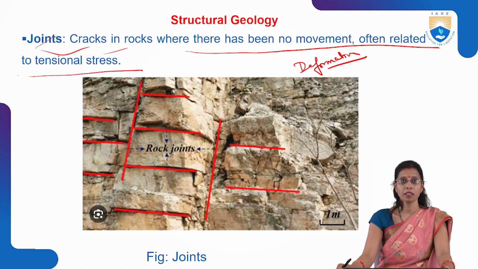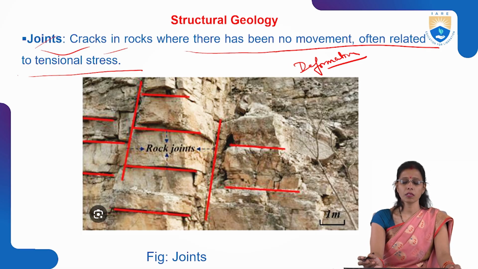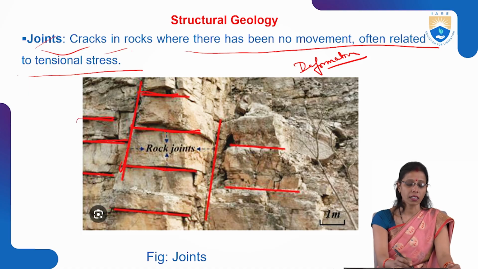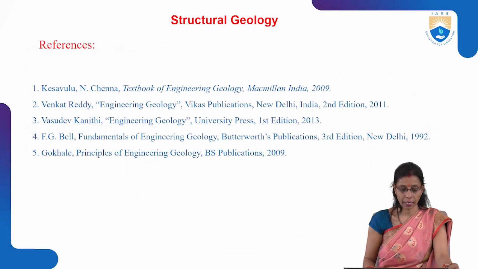When there is no tectonic movement, the rocks remain joined to each other and stay as they are. So it looks like joints between one layer and the other layer. These are the cracks in the rocks where there has been no movement, often related to tensional stress.